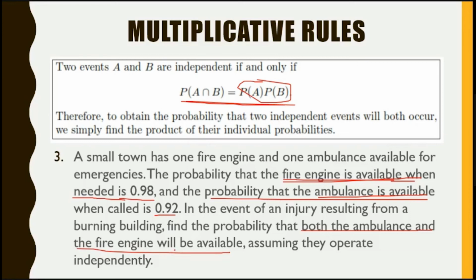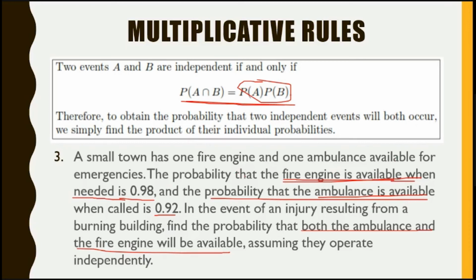Now, the first thing that we have to do here is to check if these two are dependent or independent events. If we analyze the problem, the fire engine and the firemen are actually independent from the ambulance. The ambulance is on the rescue side, or in the hospitals, while the fire engines will be with the firemen or in the fire department.